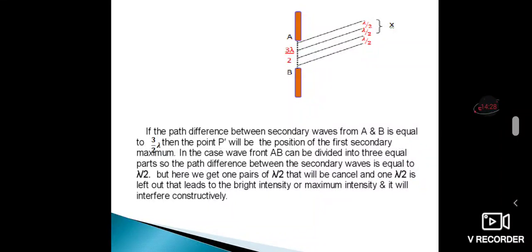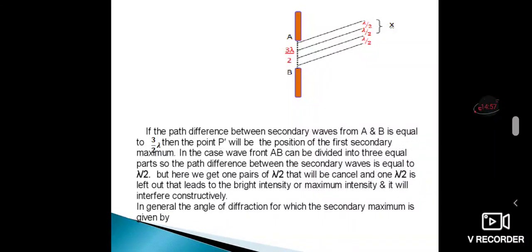So only 1 lambda by 2 is left out. One pair of lambda by 2 is cancelled and 1 lambda by 2 is left out. That leads to the bright or maximum intensity, and the waves interfere constructively.